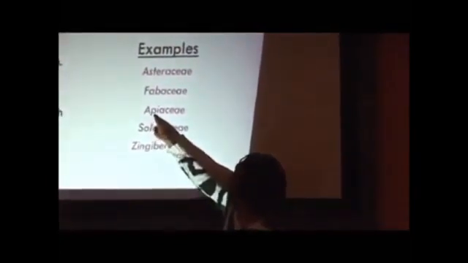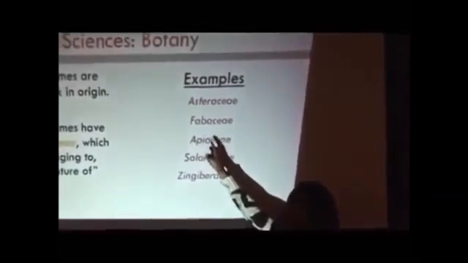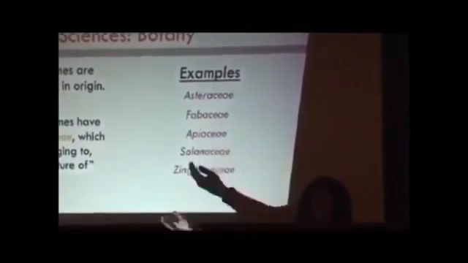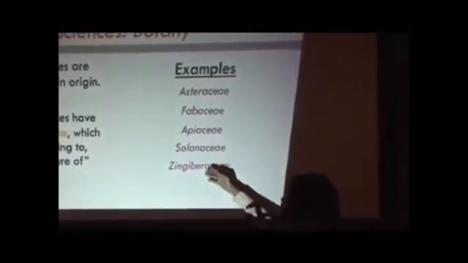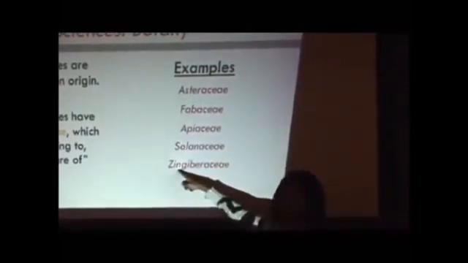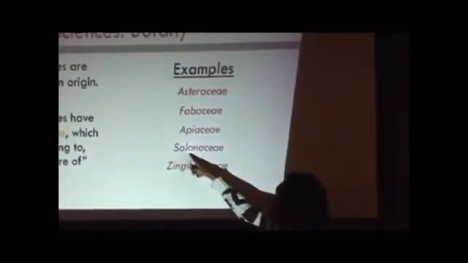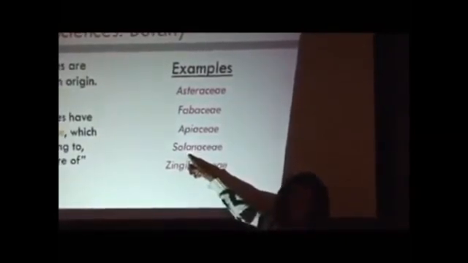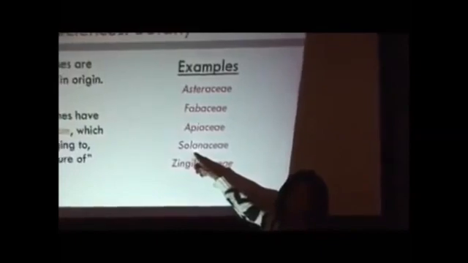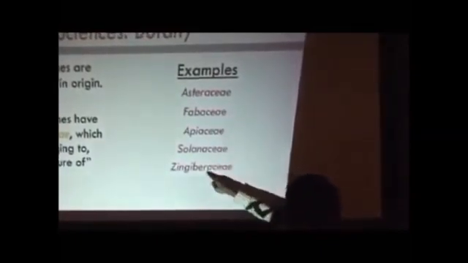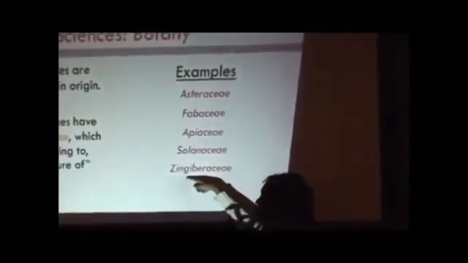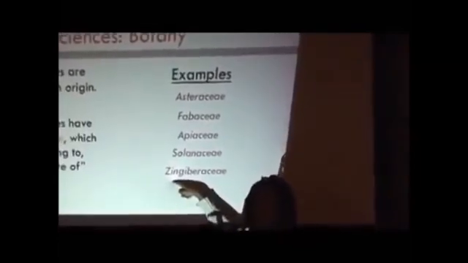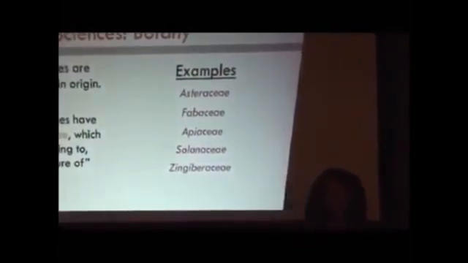Apium refers to celery, so this refers to plants in the same family as celery. This refers to ginger. This refers to a nightshade plant. Again, the ending is the same. The part in front is different to give you information about that particular family.